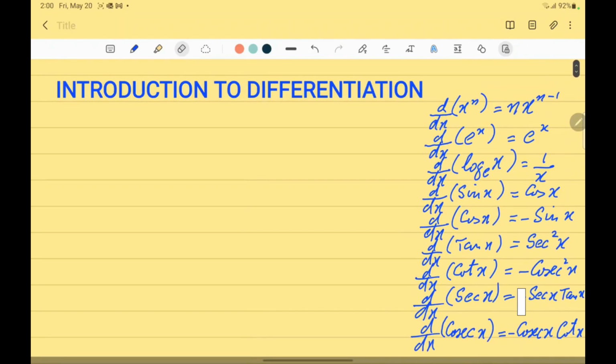Now we move on to another rule which is called the quotient rule, where we will be differentiating two expressions which are in the form of a quotient.